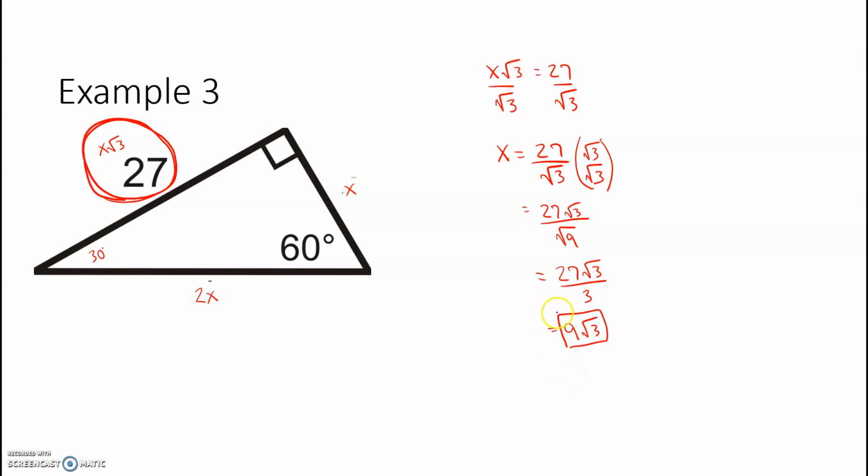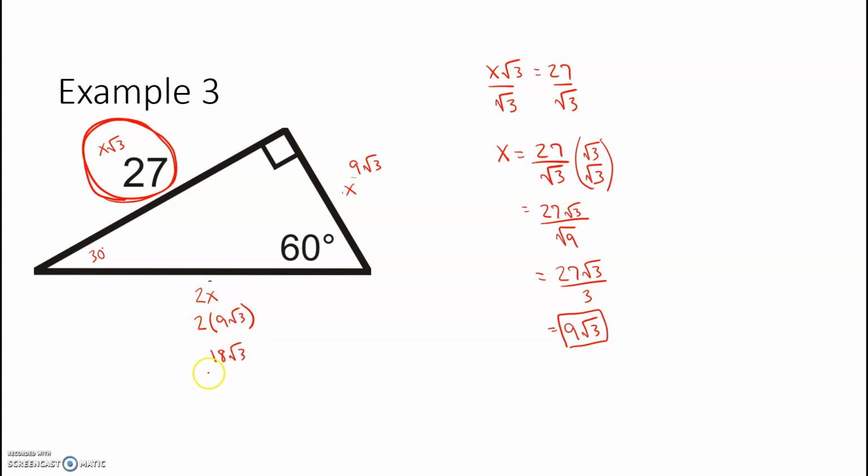Think about what you just found. You just found the x in your formula. So x is 9 root 3. And 2 times x is 2 times 9 root 3. And I always say roots with roots, whole numbers with whole numbers. 2 times 9 root 3 makes 18 root 3.